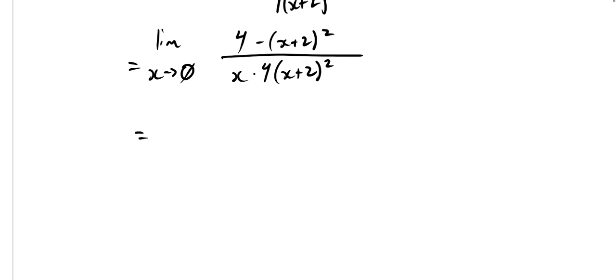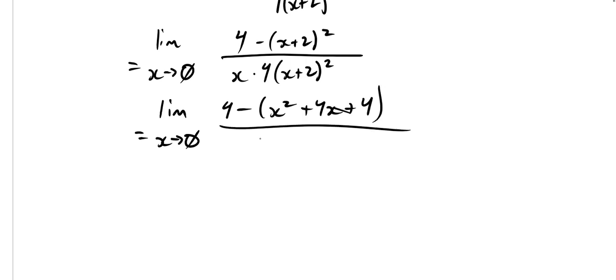If I subbed in at this stage, I'd still get 0 over 0. Like, we're not done yet. We have to expand and simplify to factor here. So limit as x approaches 0 of 4 minus x squared plus 4x plus 4. I want the bottom factored.